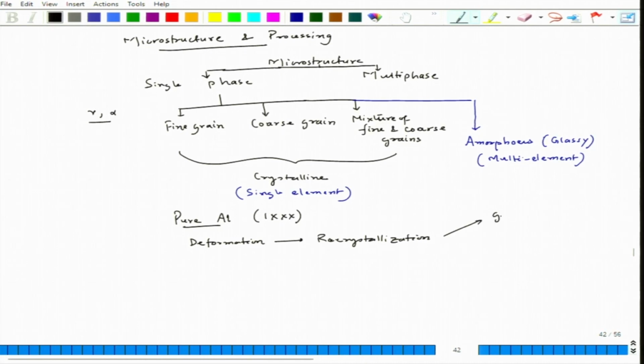One is grain growth, and when we have grain growth, we get a coarse structure. And if we do not allow the material to reach the grain growth regime, then we can get a fine grain structure.